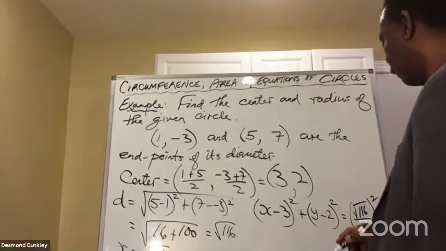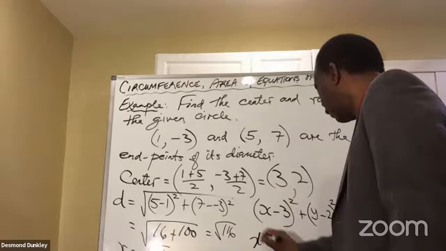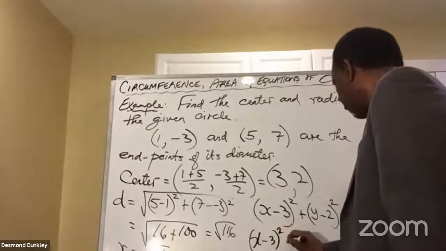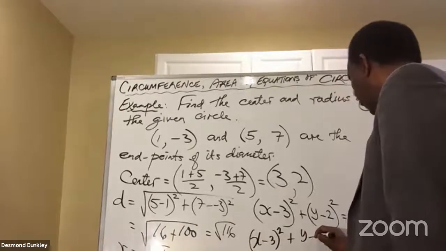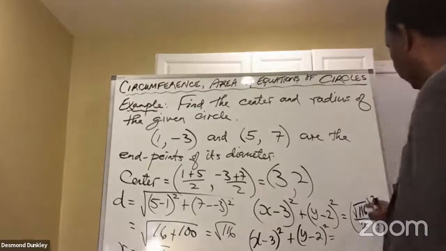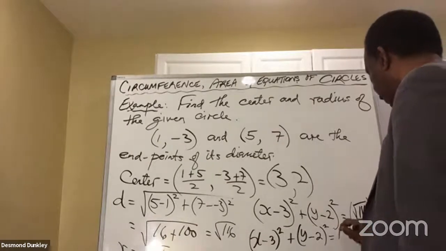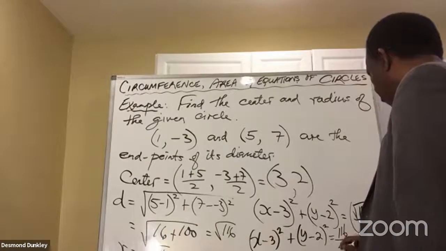Okay? And then, of course, we end up with x minus 3 squared plus y minus 2 squared equal to, square the top, you get 116, square the bottom, you get 4. So it's 116 over 4.